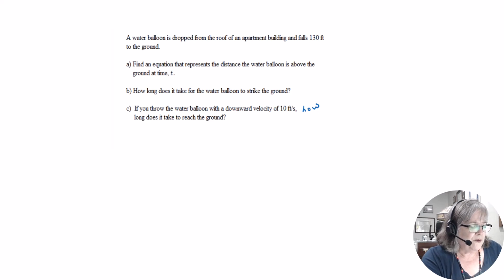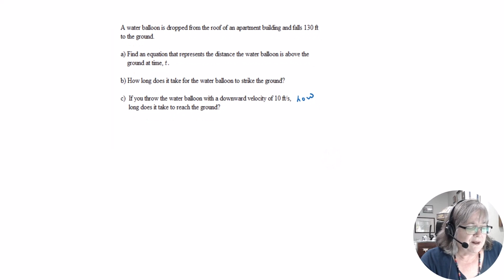So we're going to have to work from acceleration up to position, which means I'm going to have to do the antiderivative twice. It also means you're going to have to remember what gravity is, the acceleration due to gravity. Right. So let's get started.